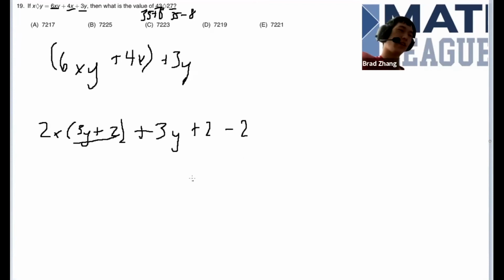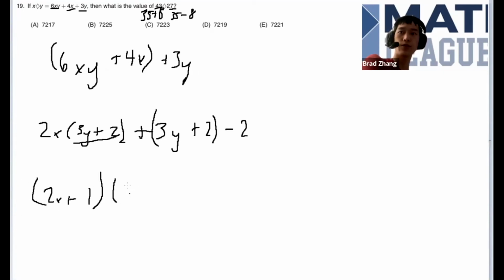And now you think, well, you haven't done anything, right? That seems pointless if you're adding and subtracting the same thing. But now what do we have? We've made another 3y plus 2. And so we can factor this, right? We can say that's 2x times 3y plus 2, and another 1 times 3y plus 2. So in total, you have 2x plus 1 times 3y plus 2. And then you have to subtract the 2 at the end.